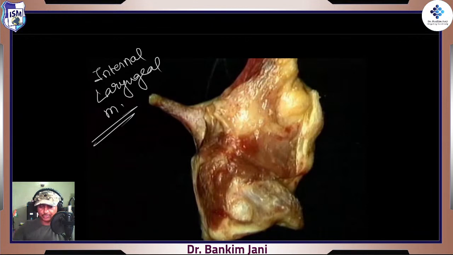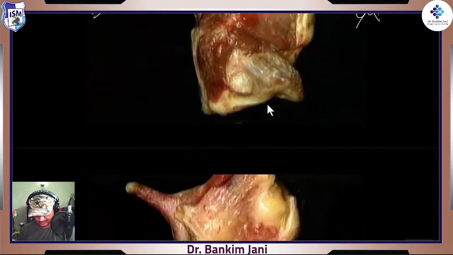No, let's go the reverse way. Let's take out all the muscles and start adding the muscles one by one, so that we'll understand how the vocal cords are working. That's how we'll see for every muscle. So let's say all muscles out, removed, no muscles.